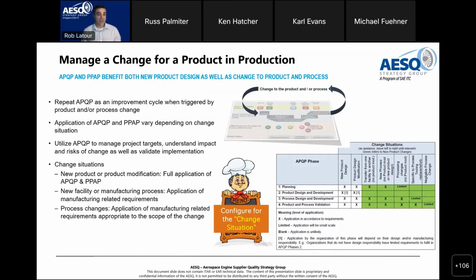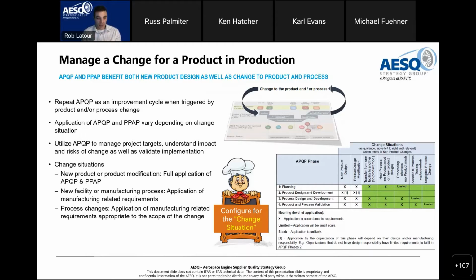So there's risk involved in every change. And so we need to work the APQP to identify and manage those risks to give us the best chance of success going forward. So with every change situation, when you're launching a change project, you need to first lay out the flight plan, right? The P in APQP is planning. And so we need to put together that plan up front.